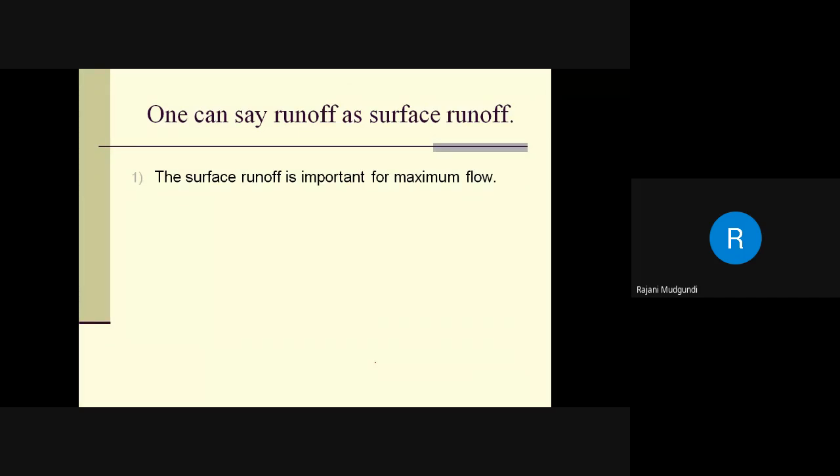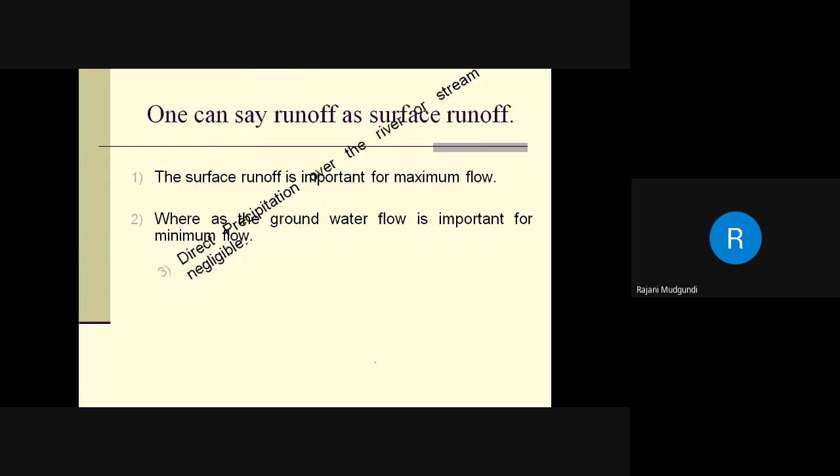The surface runoff is the important factor for maximum flow to be available in the river or stream, whereas the groundwater flow is important for minimum flow. If a large amount of water gets absorbed by the soil and reaches the groundwater, then the surface flow which is available will be the minimum flow.